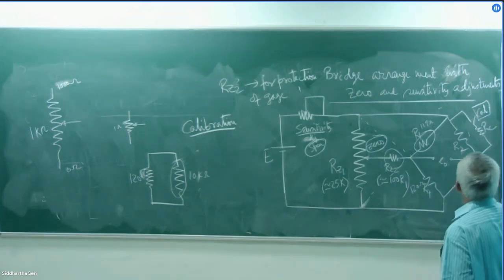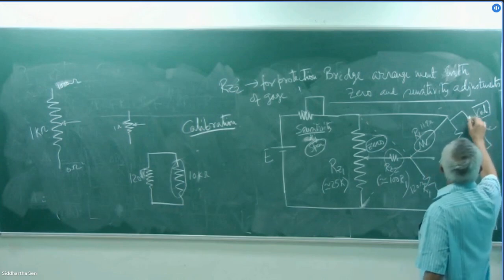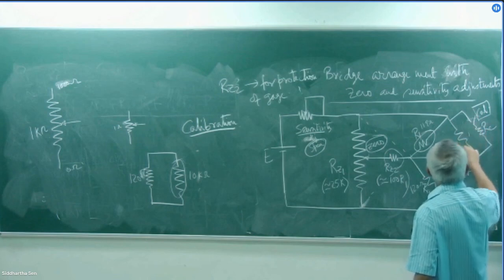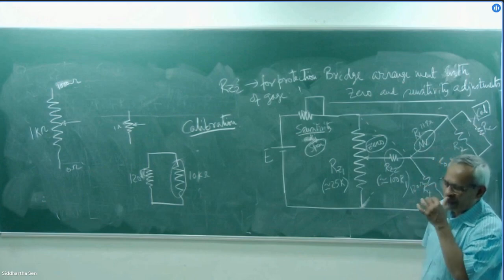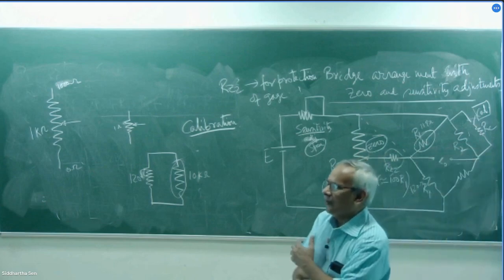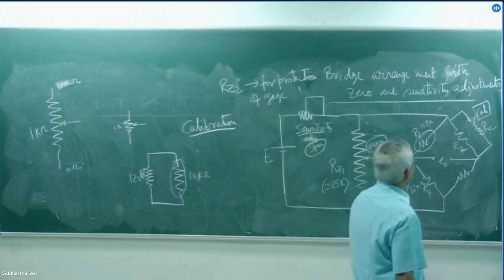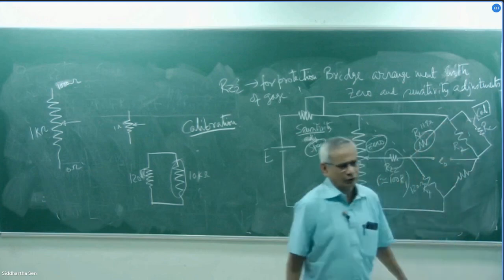Whenever I close the switch, this RC comes in parallel to R2, thereby altering the resistance of that equivalent bridge arm and generating some output voltage.